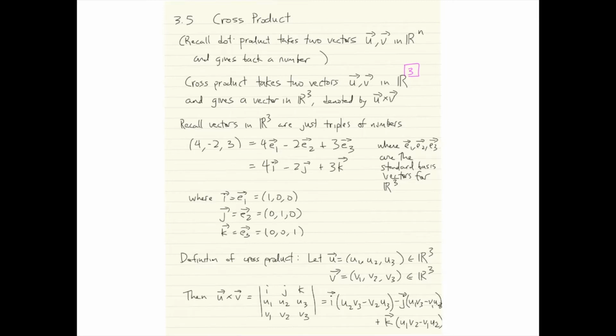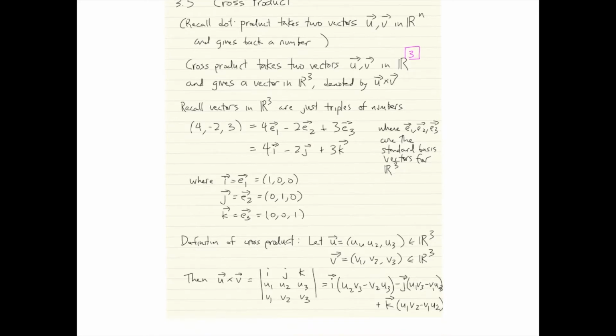Now, it's common to write i, j, and k instead of e1, e2, and e3 when you're in R3. Now we can finally get to the definition of the cross product.